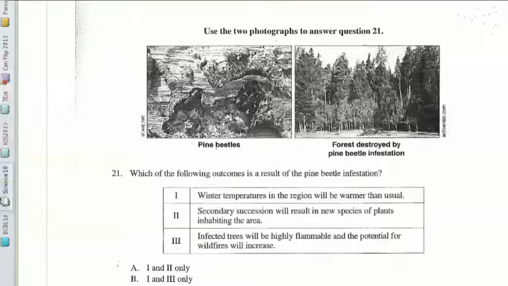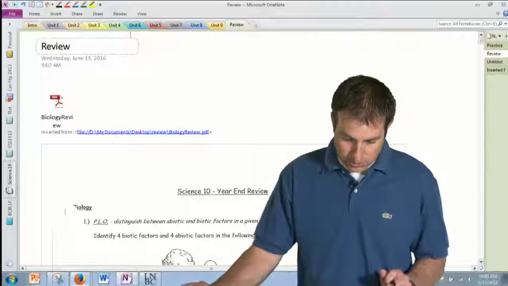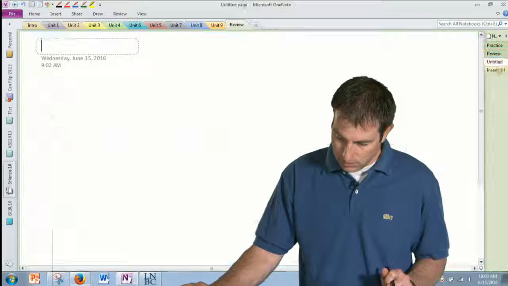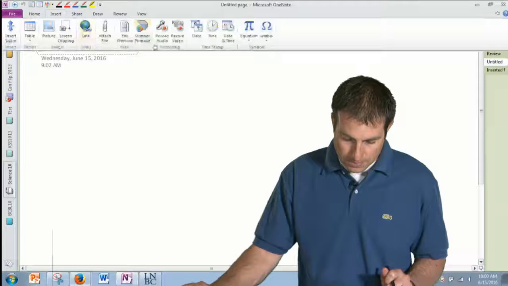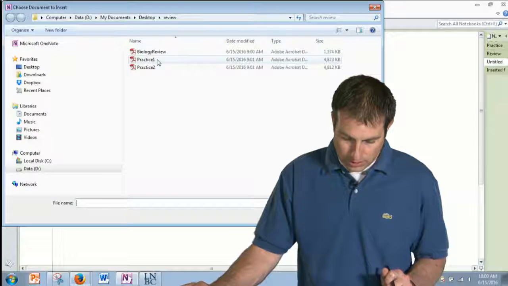Which of the following outcomes is a result of the pine beetle infestation? So the key word here is a result of pine beetle. So is it really the other one? Devastating. Let's try this all over again. I picked 1, but it's actually 2.